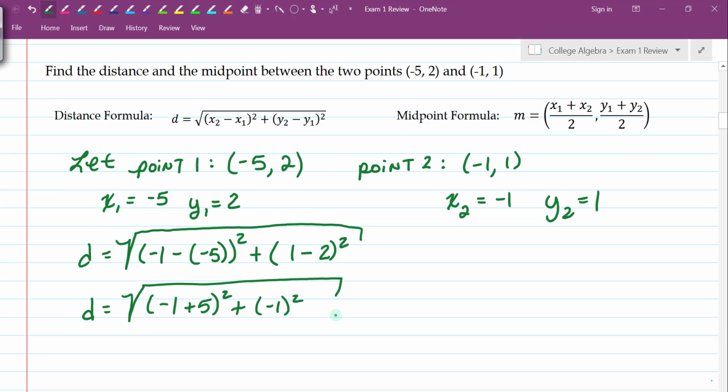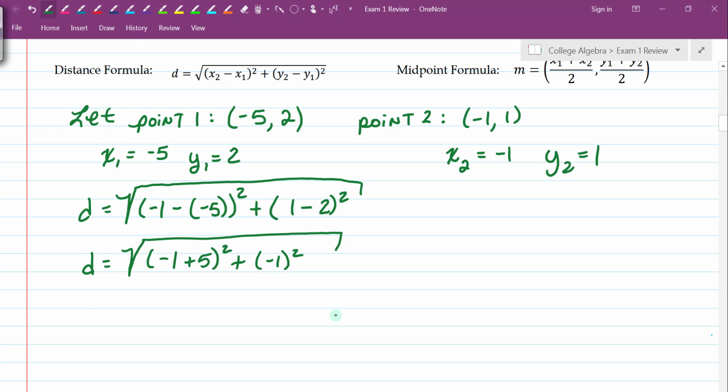Now we're going to scroll up just a little bit. So our distance is going to be equal to the square root of -1 plus 5, which is 4, and that's going to be squared, plus -1 squared, which is just 1. 4 squared is 16, plus 1.